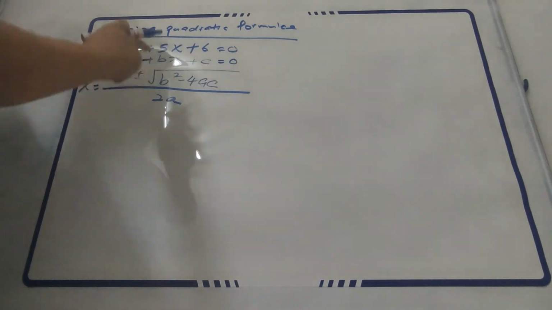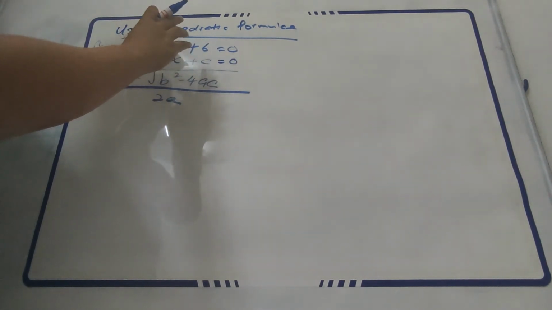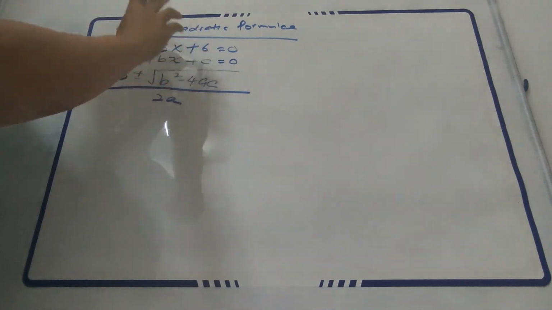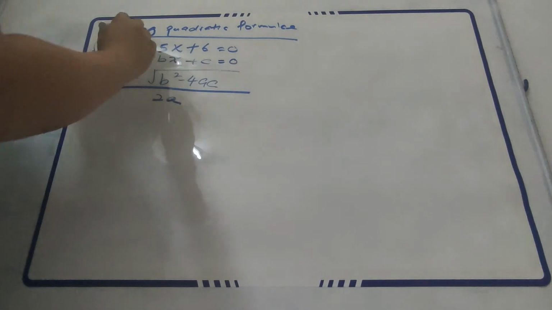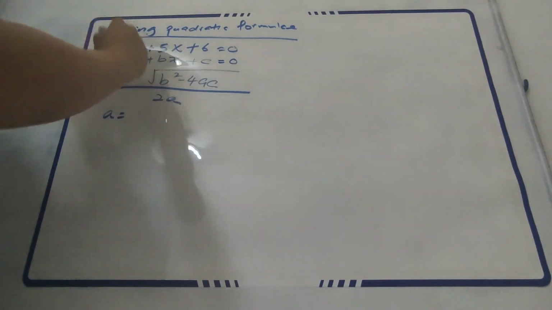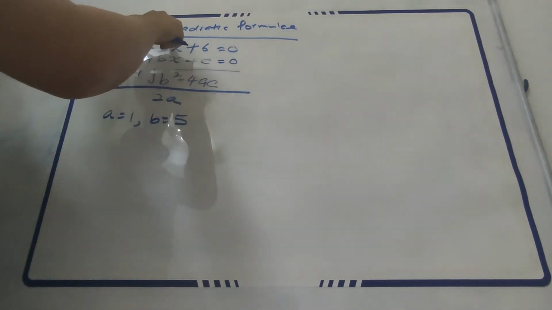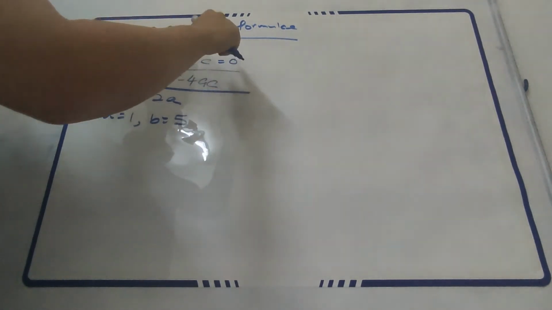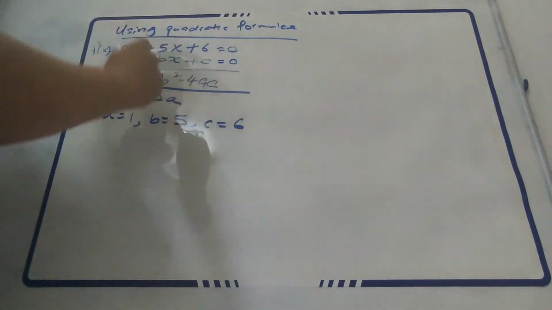To solve this question, this is the easiest formula inside the quadratic equation section to find the roots. What is a? The a here is 1. What is b? 5, the second constant for x inside the quadratic equation. And then what is c? c is 6, the third constant inside the quadratic equation.